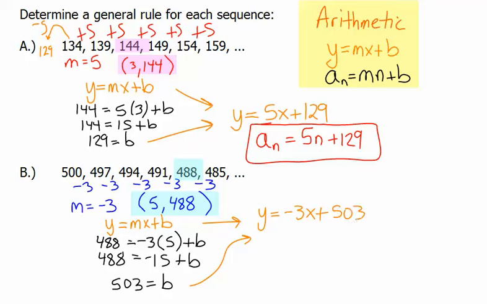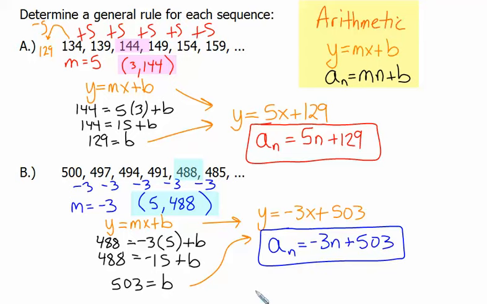But in here, for the arithmetic sequence, we will write a sub n is equal to a negative 3n plus 503. Remember the shortcut to figure out the b. Top item, we're going back in time 1, so we would have to add 3, and that number would be 503, which is our b.